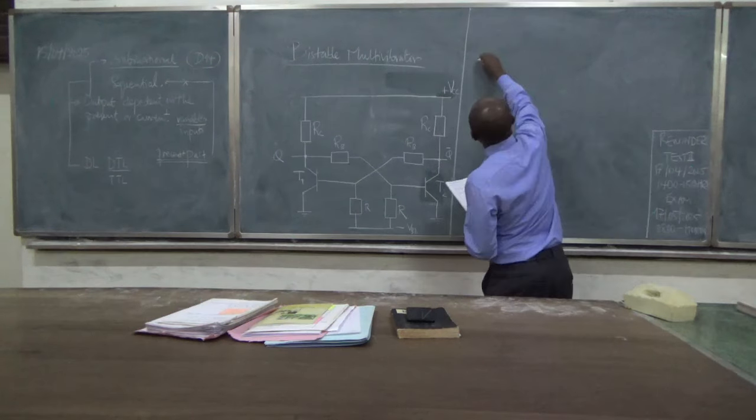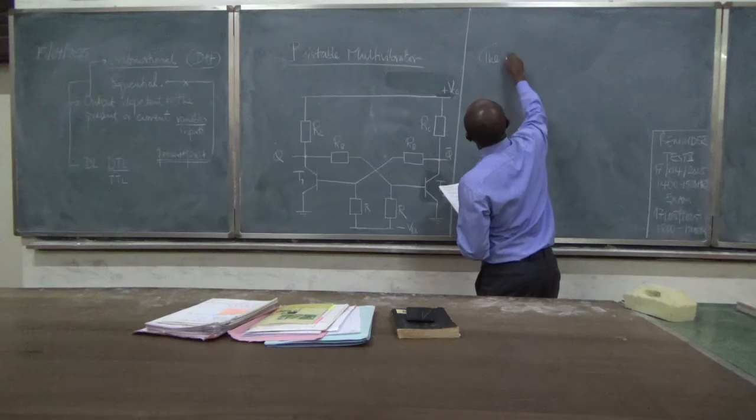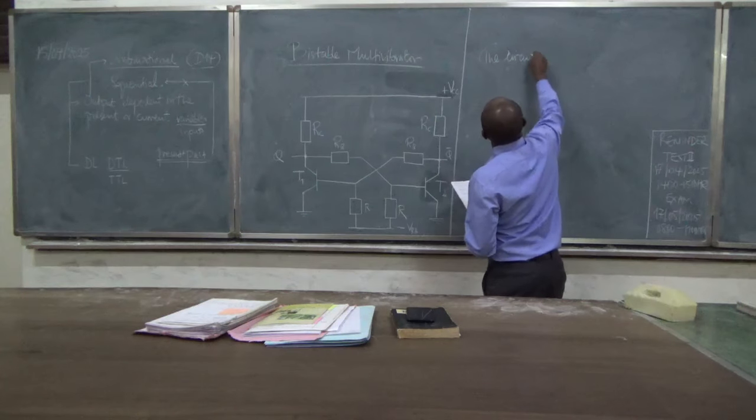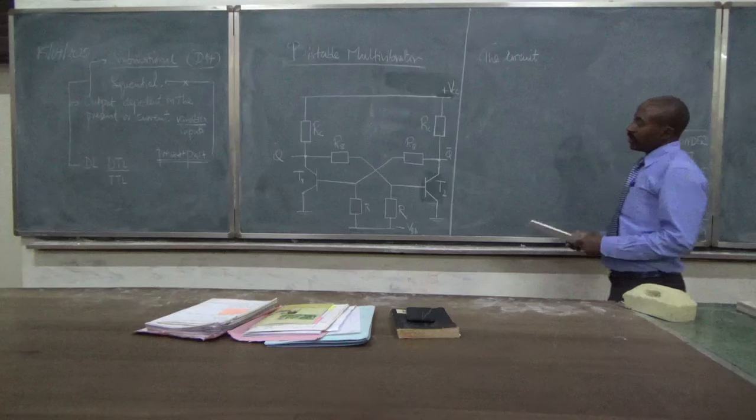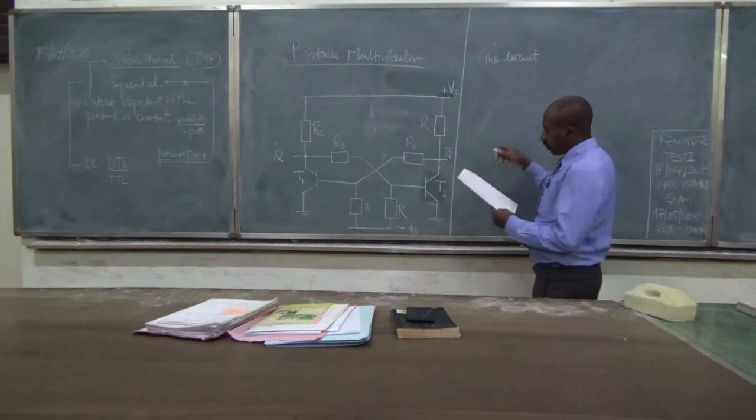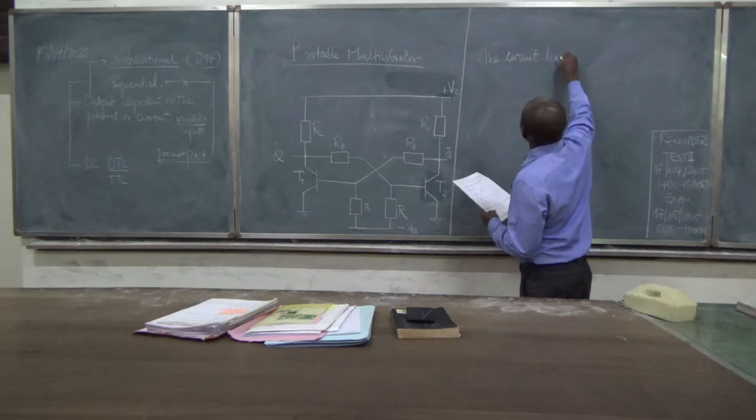Now, just to have some information about our circuit: the circuit has two possible stable states.